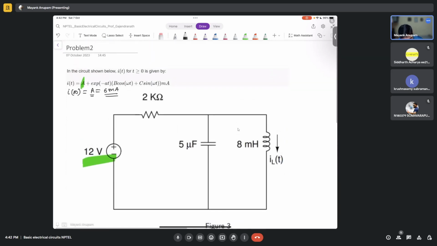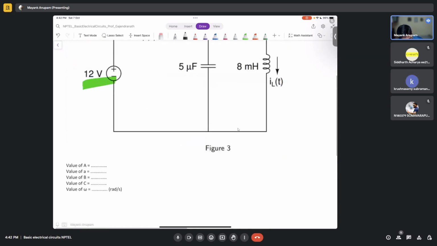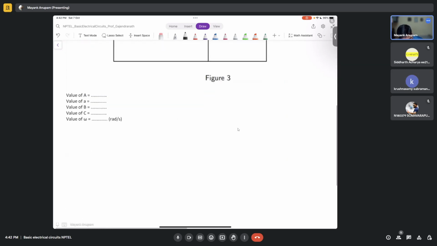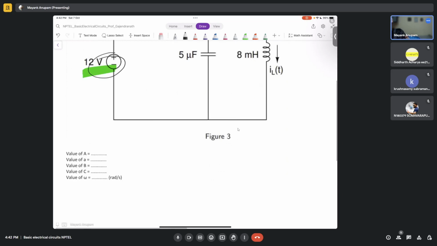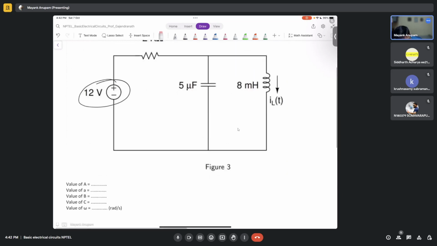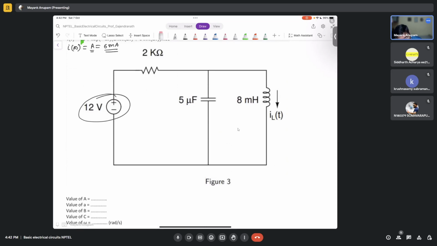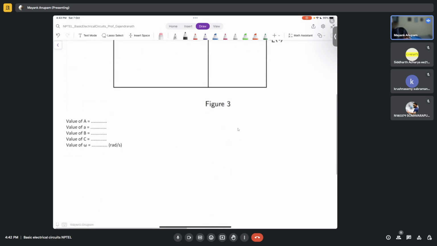Now let's do that. If we remove this voltage source, how do I remove it for calculating the natural response? I have to nullify this voltage source, short it, right?